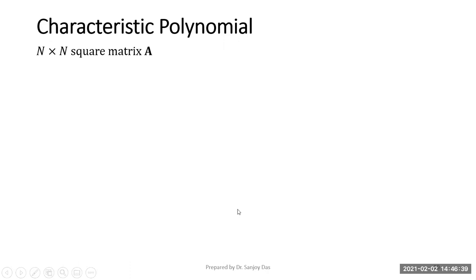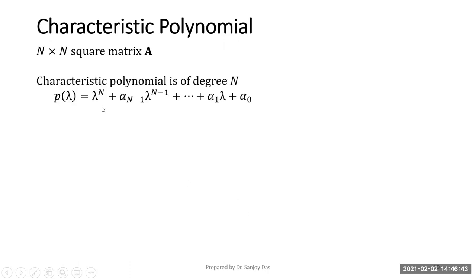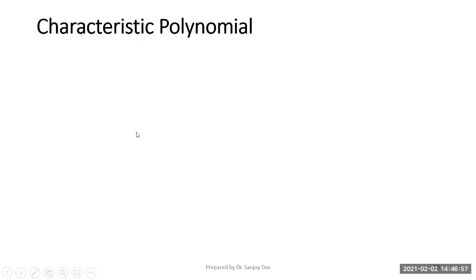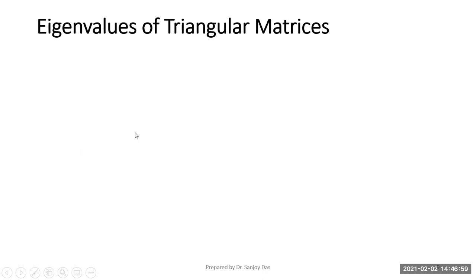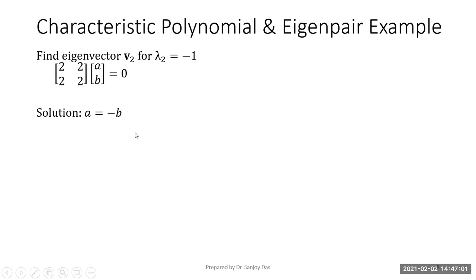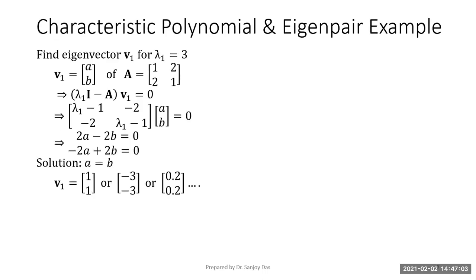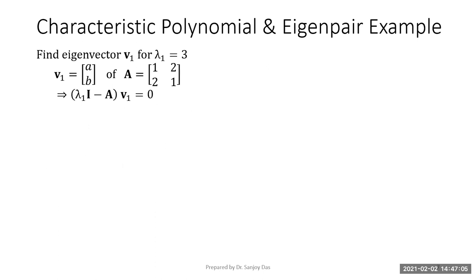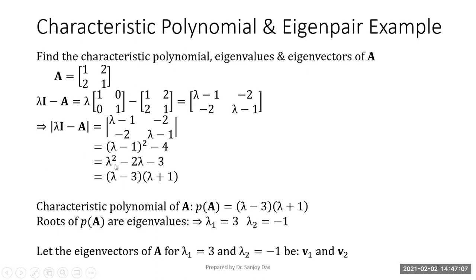Now, given an n by n square matrix A, the characteristic polynomial will be a polynomial of degree n, right? So the highest degree will be lambda to the power of n. We saw that for a square matrix of dimension 2 in the example, the characteristic polynomial here was this, right?